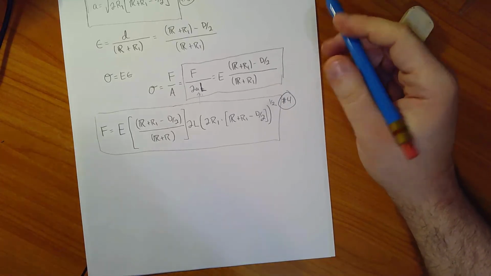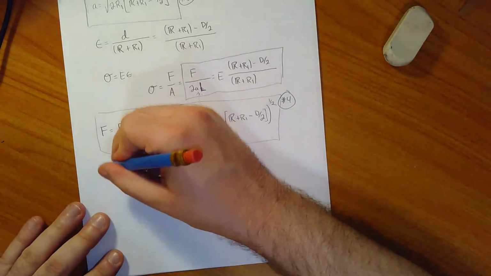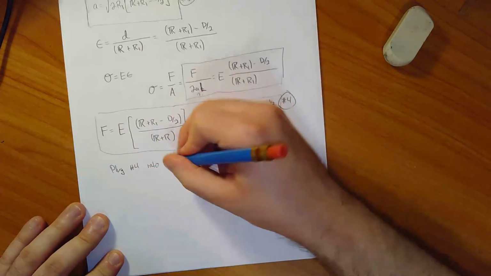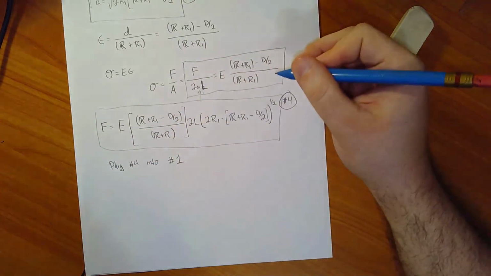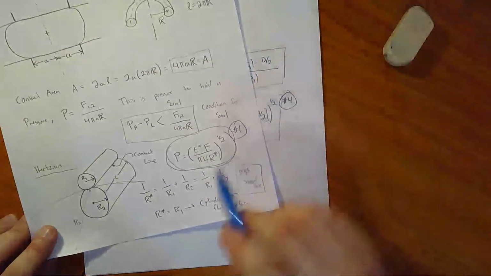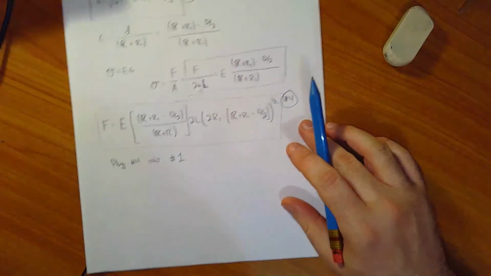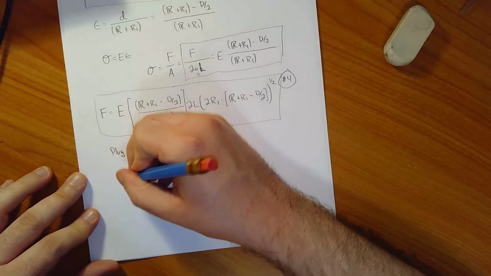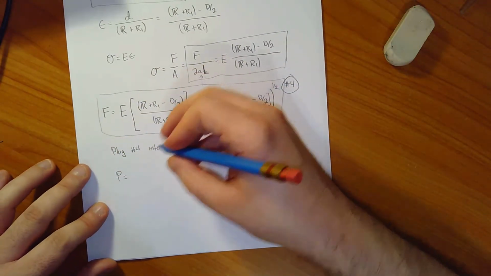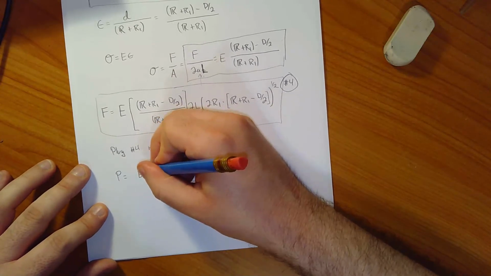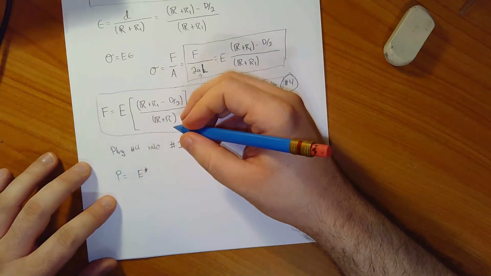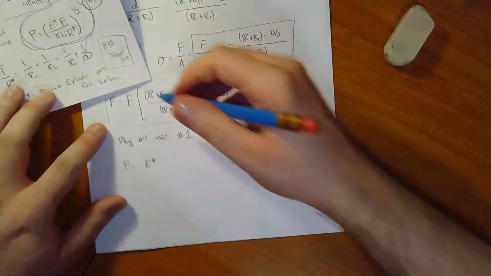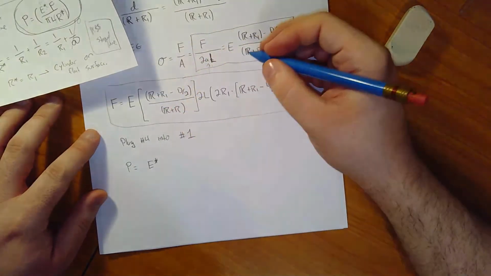And I'm going to now plug number 4 into number 1. And remember, number 1 is just my Hertz equation. So let's do that. I'm going to have my pressure equal E star, which I know how to calculate, multiplied by force. Here's my equation for force.